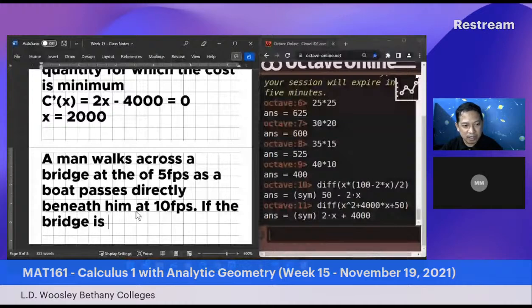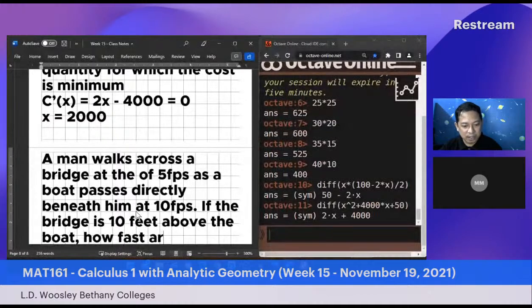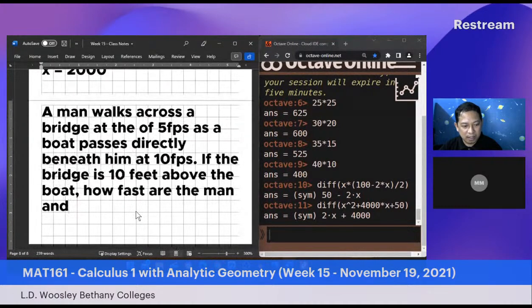If the bridge is 100 feet above the boat, how fast are the man and the boat separating 1 second later?